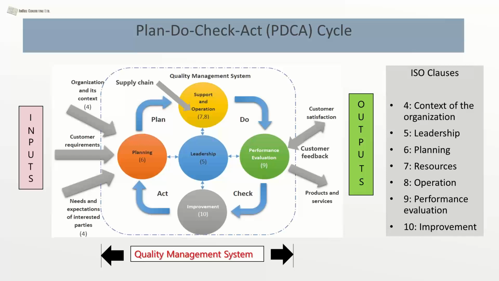So let's quickly go over the diagram, starting on the left where you have the inputs. And obviously the inputs consist of customer requirements, okay? What does the customer want you to develop, a product or a service? Now, in addition to the customer requirements, you also have what is called the organization and its context.